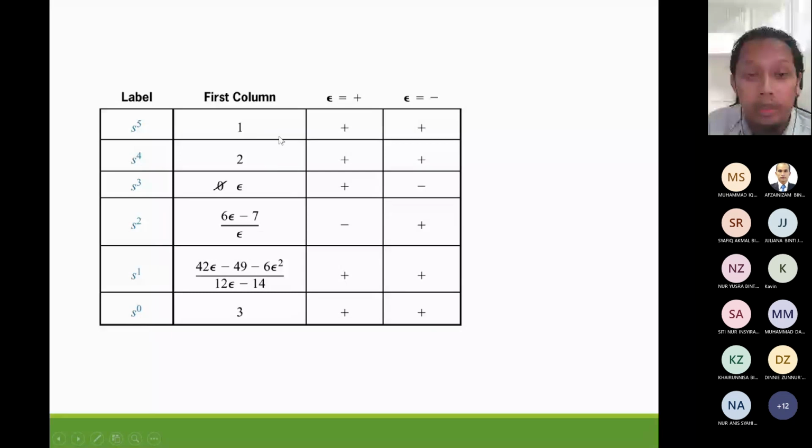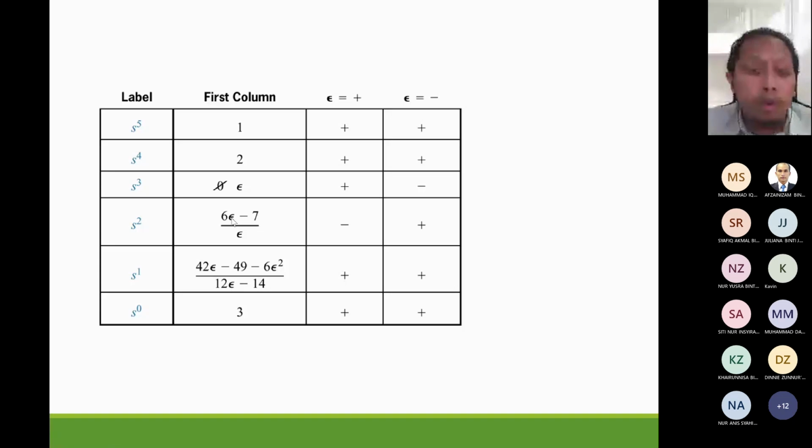Row S5 is positive, S4 positive, and S3, since epsilon is a small positive value, is positive. For row S2, let's assume epsilon equals 0.1.